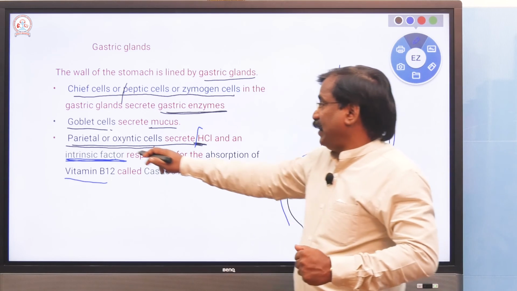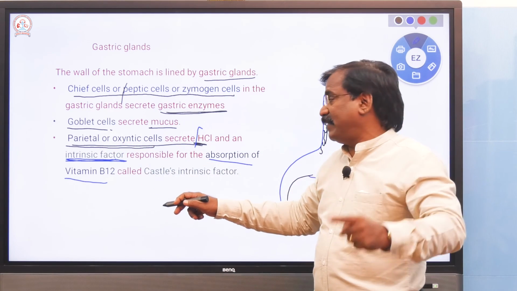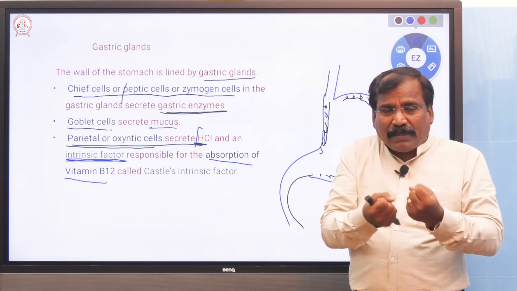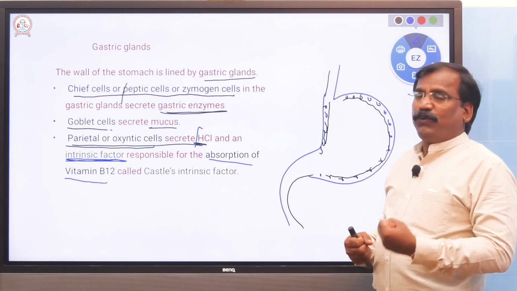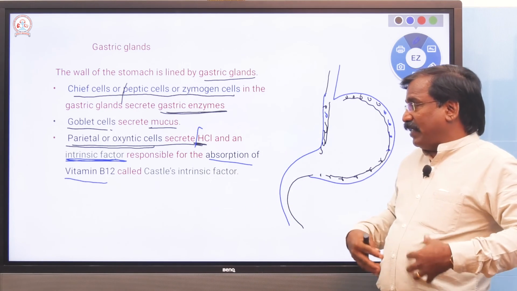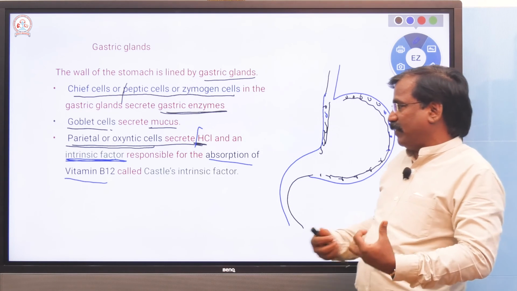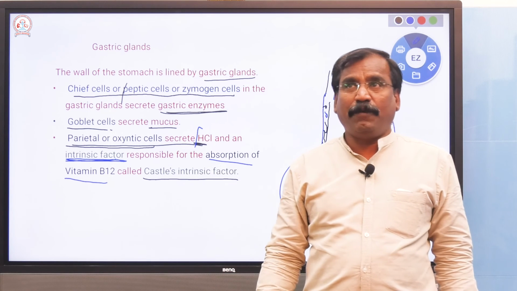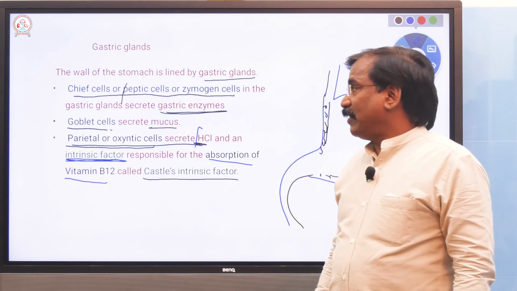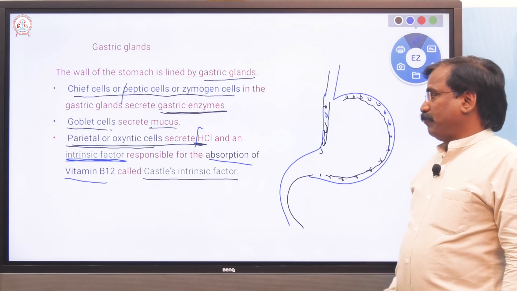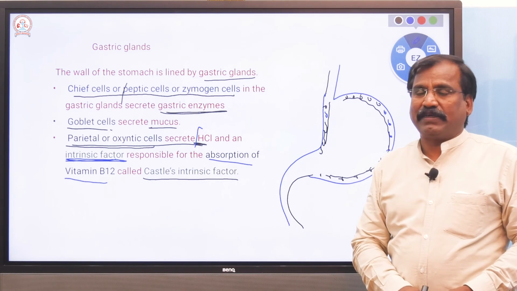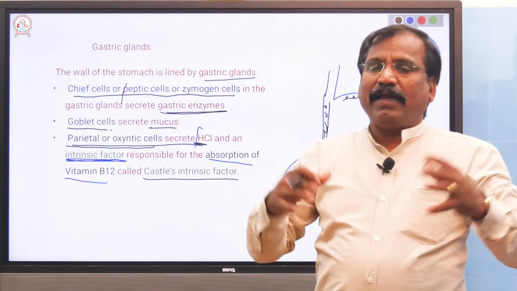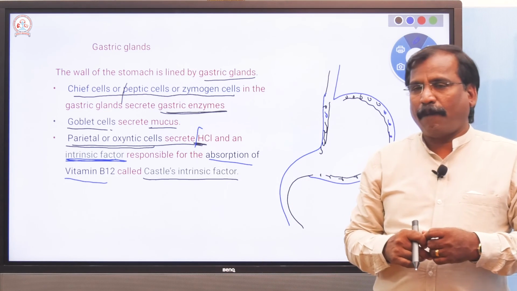Apart from HCl, parietal or oxyntic cells secrete the intrinsic factor, also called Castle's intrinsic factor. So these are the glands of the stomach.